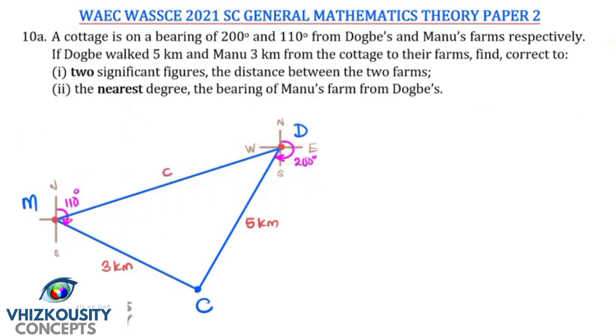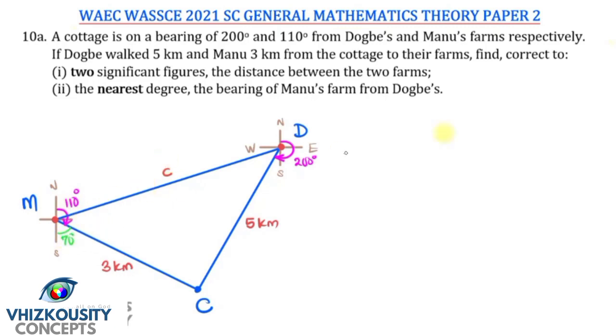Now, looking at this diagram, we can get the angle at this point C. Looking at this particular point M, we know that from north to south is 180 degrees, a straight line, and angles on a straight line sum to 180. So here that will be 180 minus 110, so that will be 70 degrees.